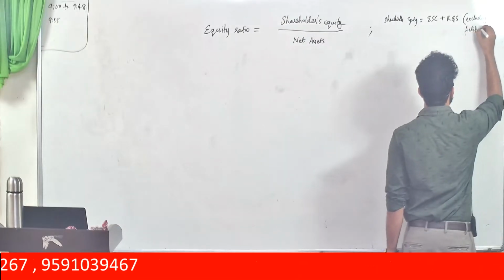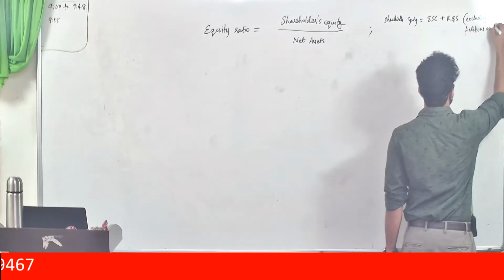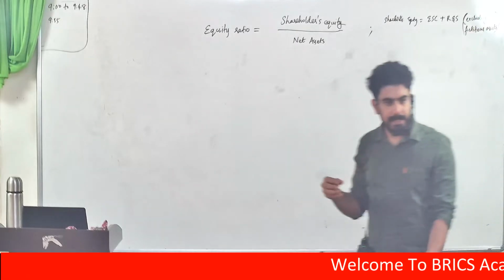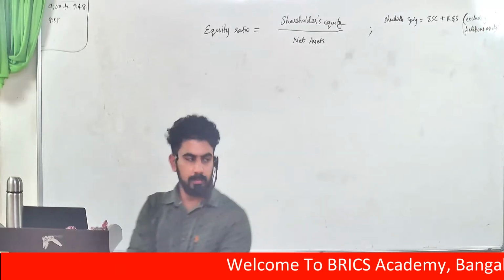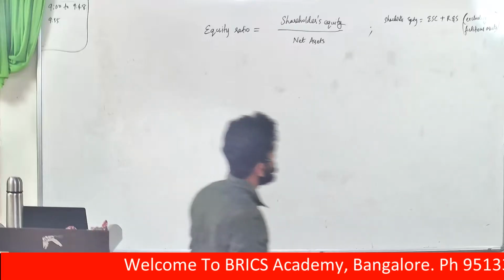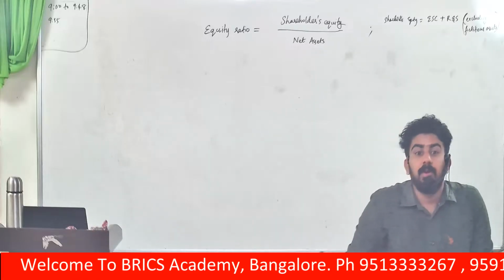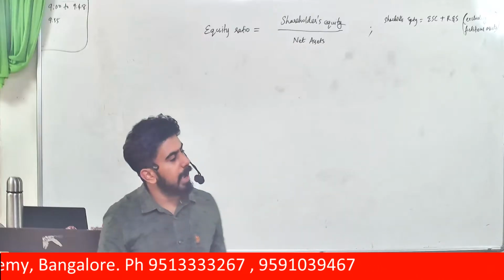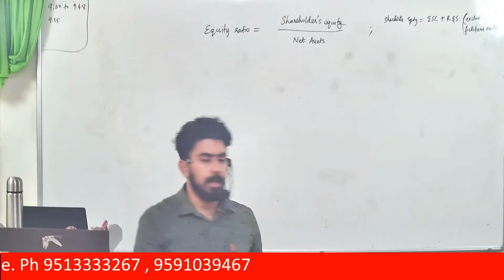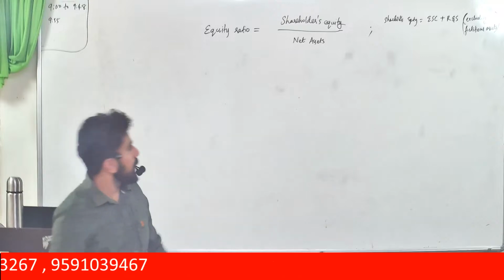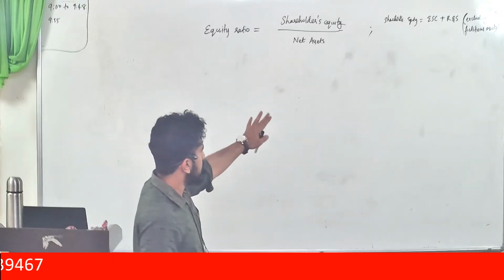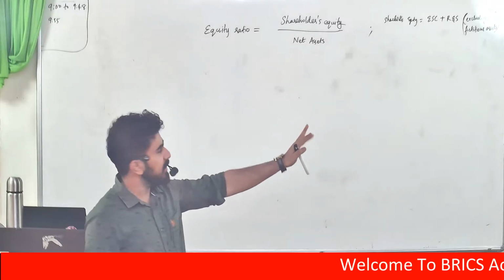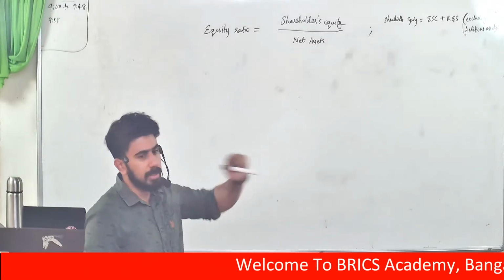Excluding fictitious assets. You know what a fictitious asset is? Heard about it? Imaginary. Okay. So guys, you write this first. Equity ratio is equal to shareholders equity divided by net assets. Shareholders equity means equity share capital plus reserves and surplus excluding fictitious assets.